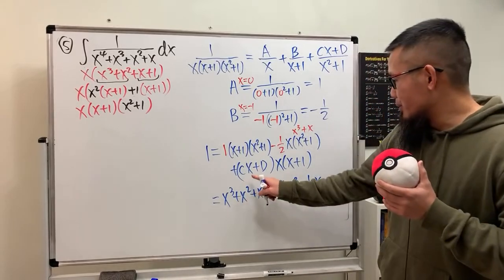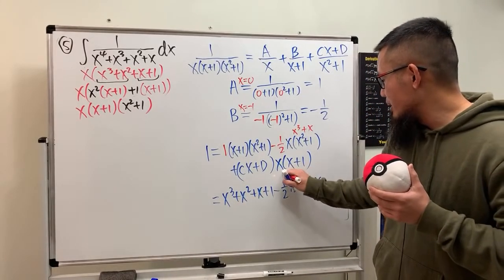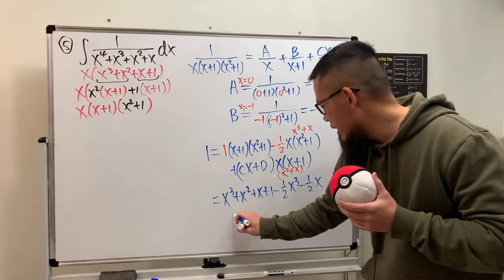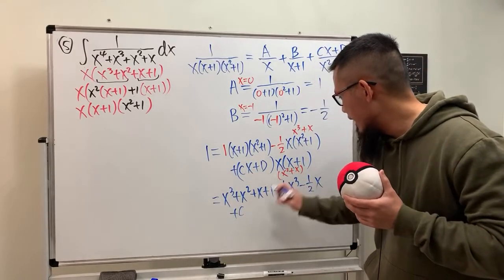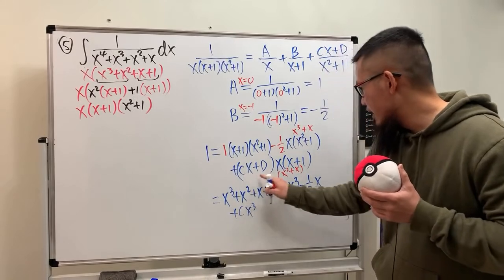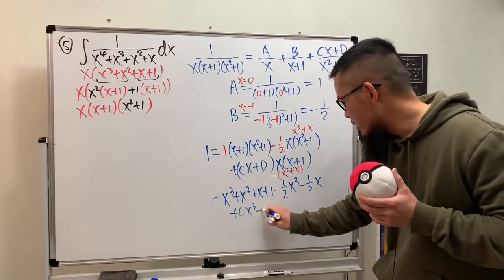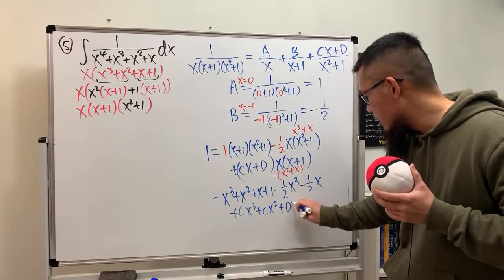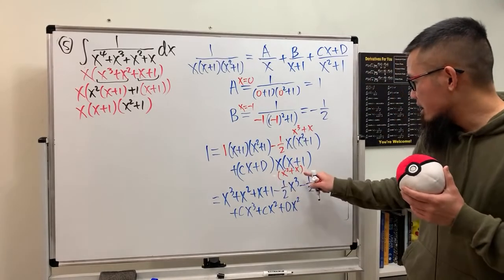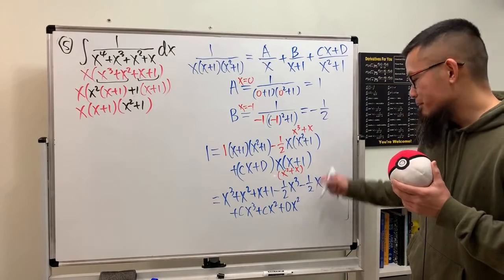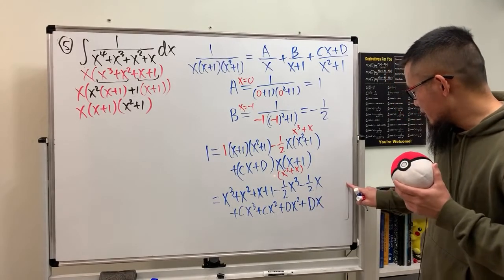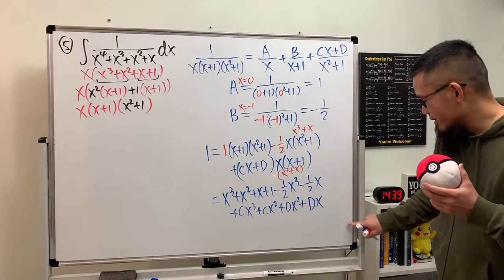Next, you multiply this out, and this is really x squared plus x. So you do this times that, we get plus Cx to the third power, and then Cx squared, and then Dx squared, and then lastly Dx. Well, bad notation, but whatever. We're not differentiating anything here, so anyway.